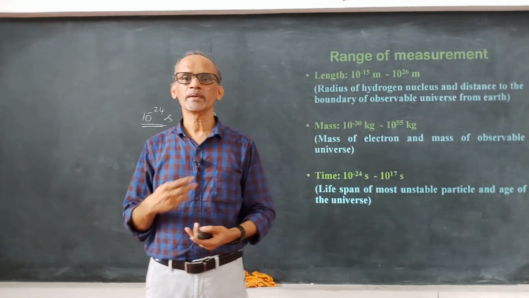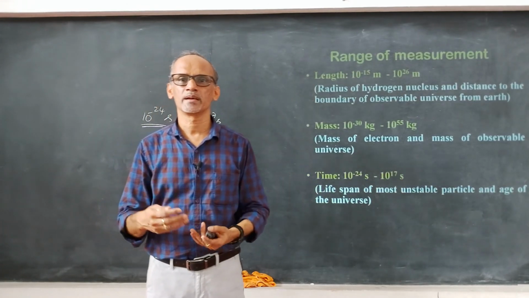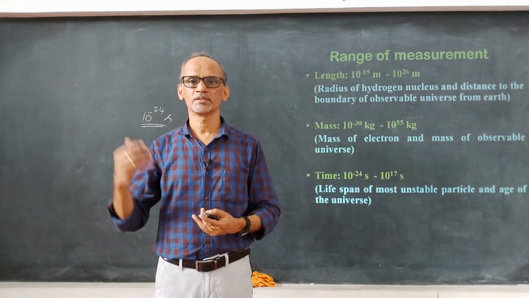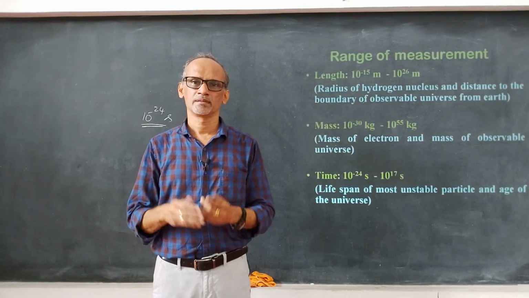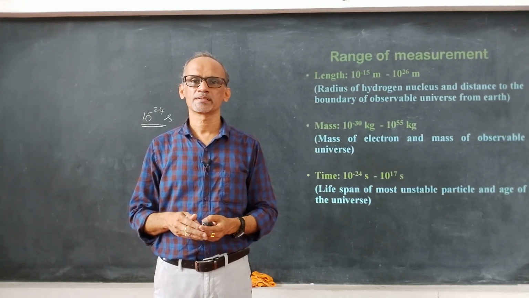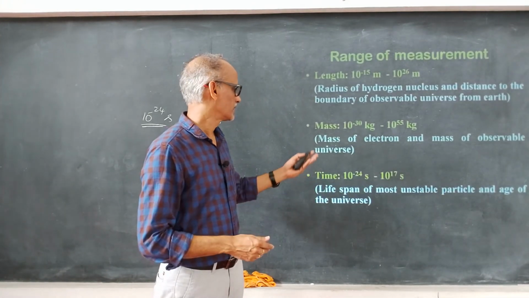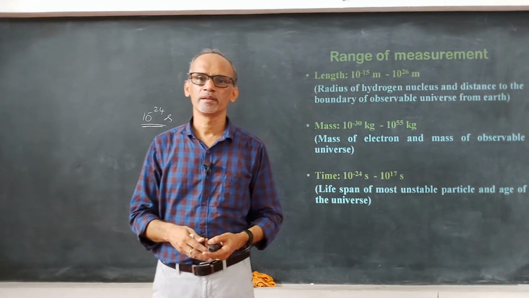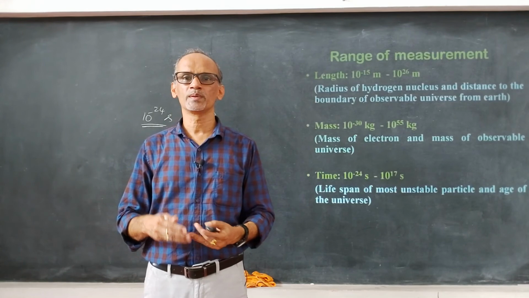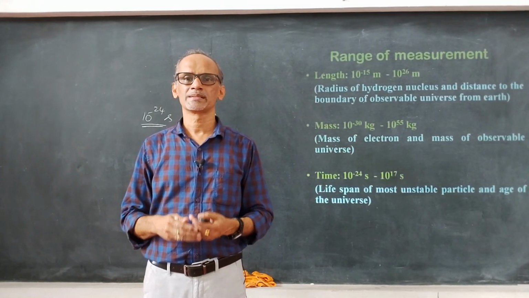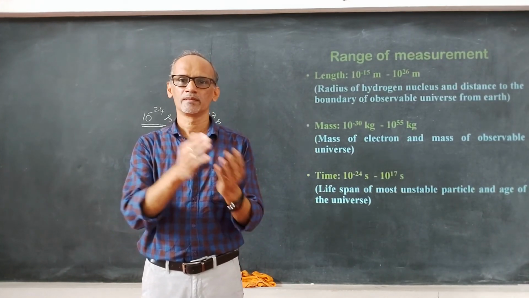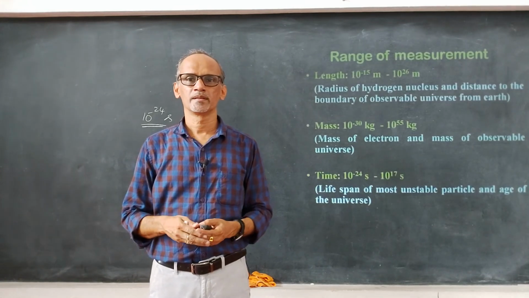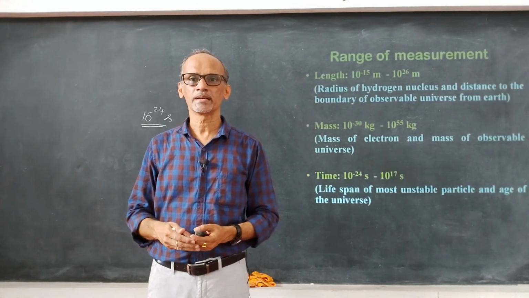There are atomic clocks, and with the help of these atomic clocks, we can measure such a small value, 10 power minus 24 second. And 10 power 17 second is nothing but the age of the universe. The age of the universe is found to be about 10 power 17 second from the theory of the Big Bang.